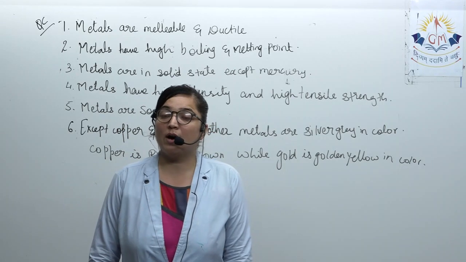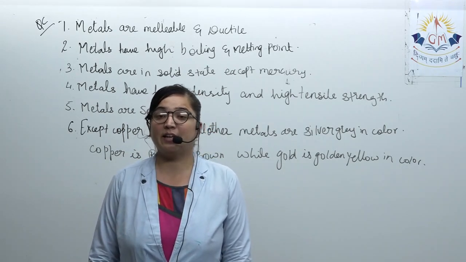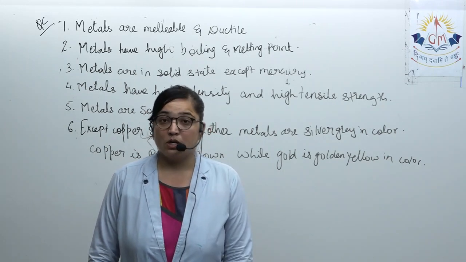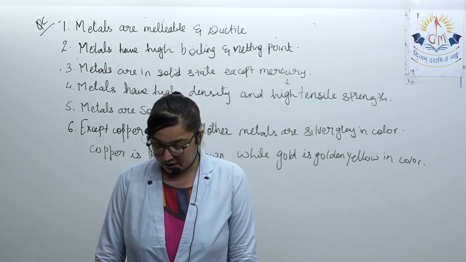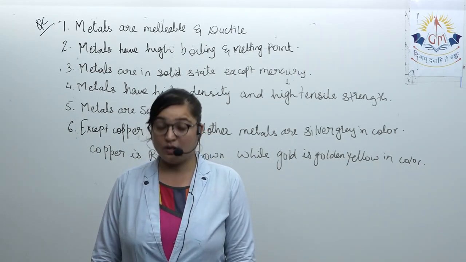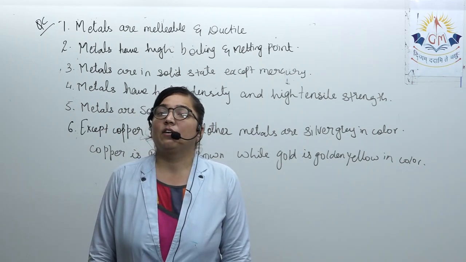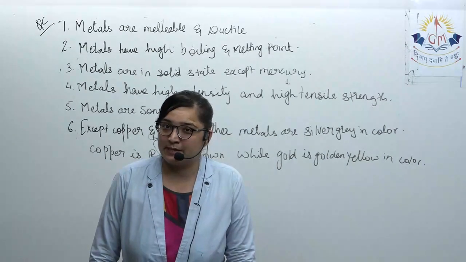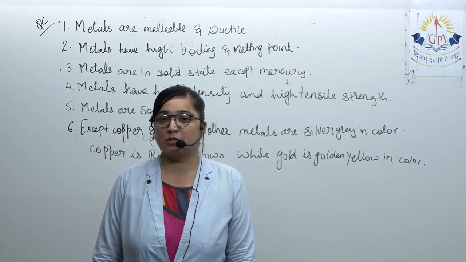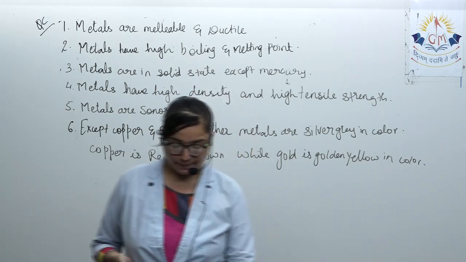While those who are less reactive, they try to maintain in their free state, like gold, silver, they will not get combined with any other element and they don't have such tendency. So they are generally found in free state. Okay, so why more reactive metals are found in the combined forms? Because they are highly reactive metals.